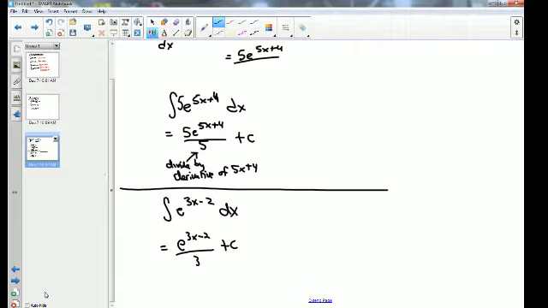Because you have to divide by the derivative of the inside. So if I derive this, I'm going to end up with a 3 out front by the chain rule. Divide by 3, that gives me 1, which is back here. Correct? So you can always check your math by doing the derivative.